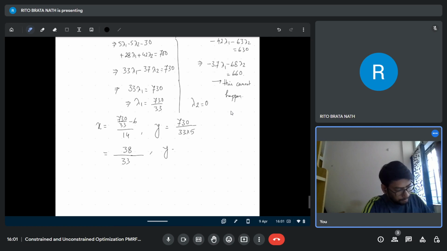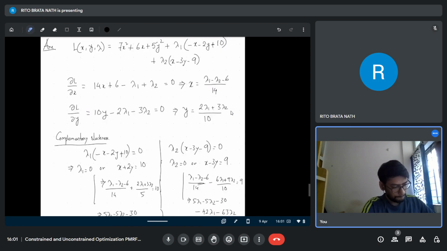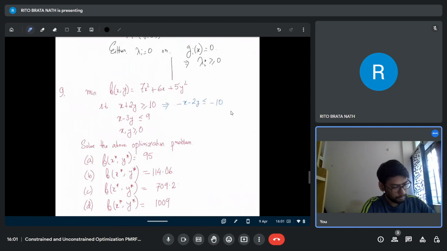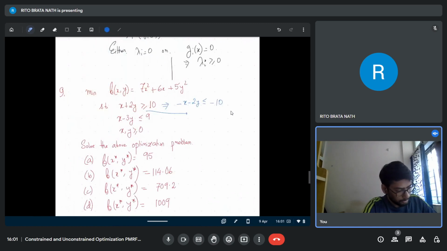And this one, it's 146 by 33. So this is your x star, this is your y star. So the issue in that problem was that the first constraint should have been greater than or equal to inside. So this is the correction.